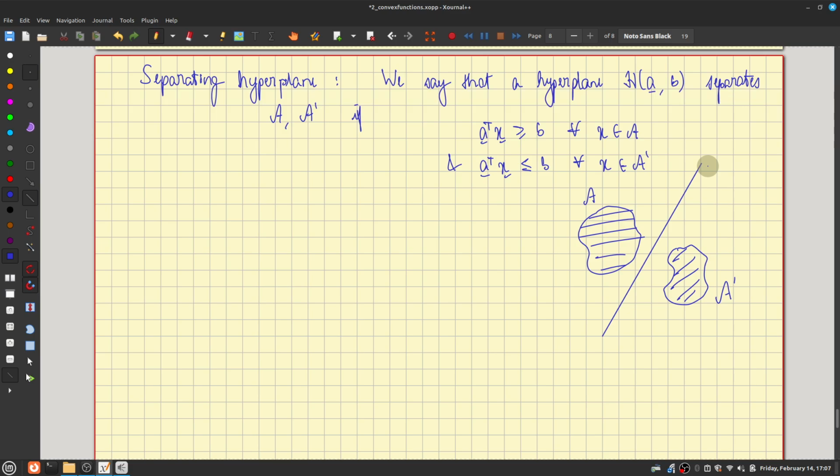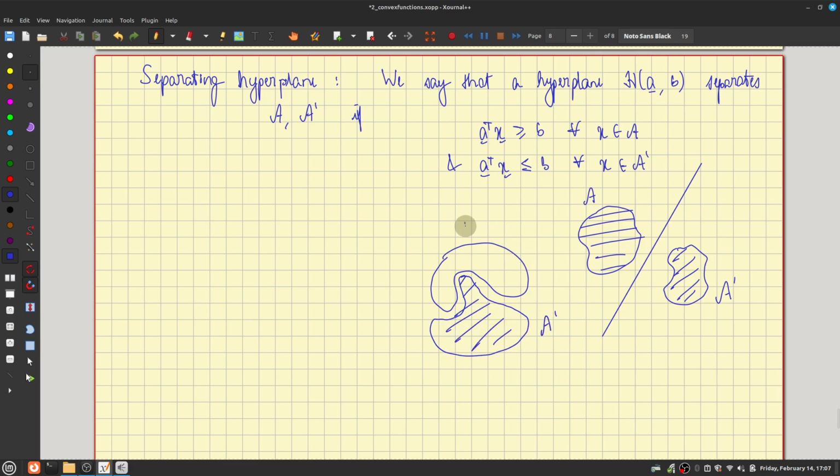But then it's also possible to construct A and A prime where no separating hyperplane exists. For example, let's say that my set A looks something like this, and my set A prime looks something like this.